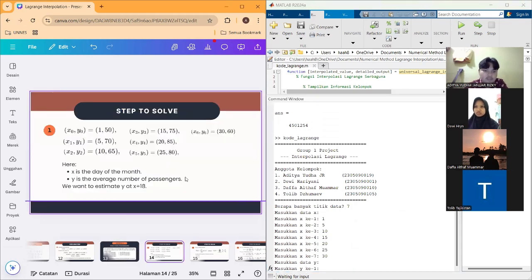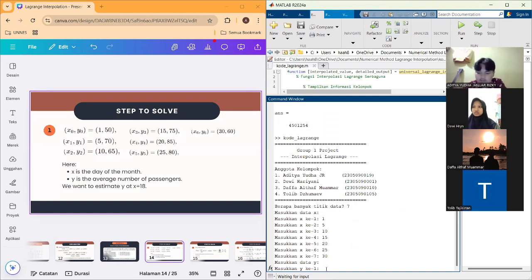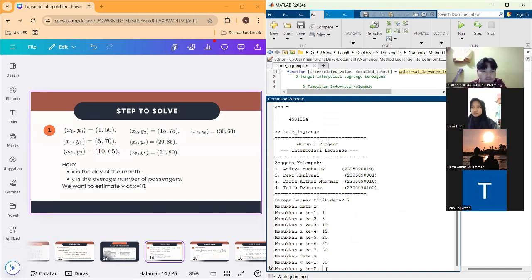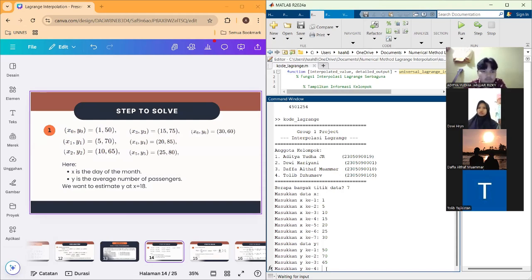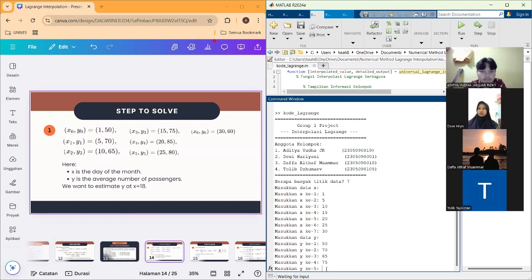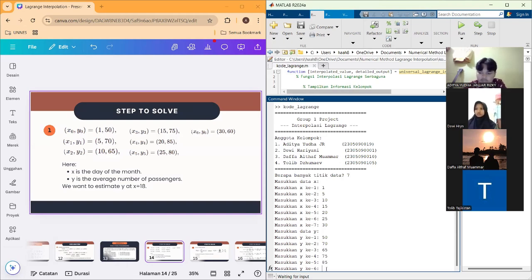Okay. And the Y values are 50, 70, 65, 75, 85, 80, and 60.